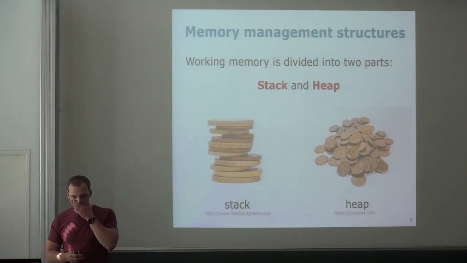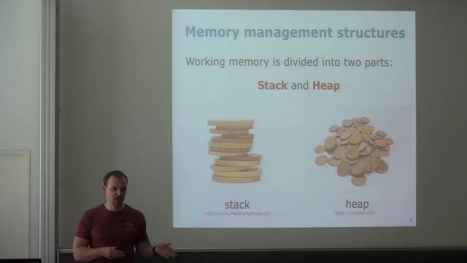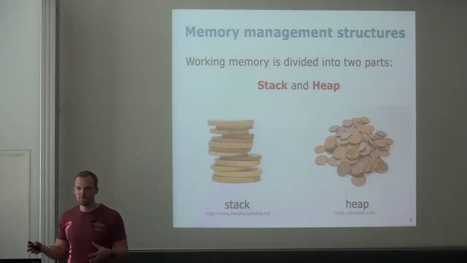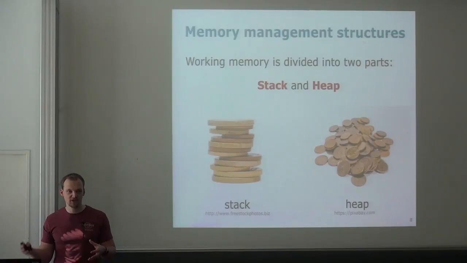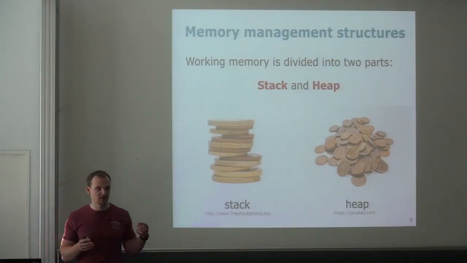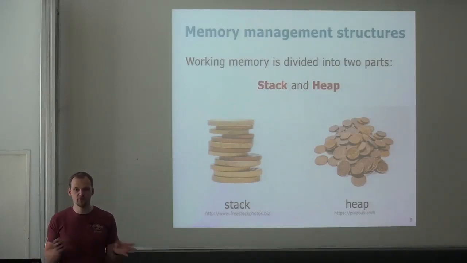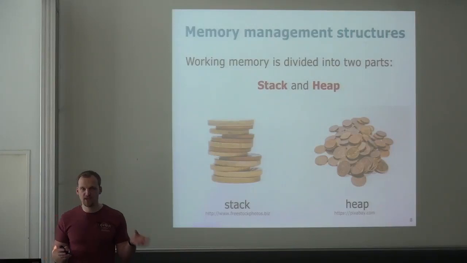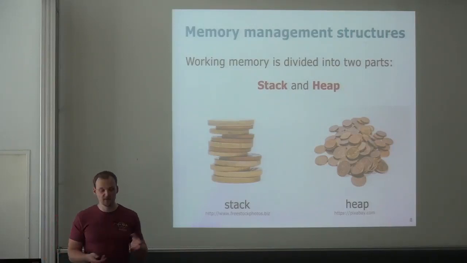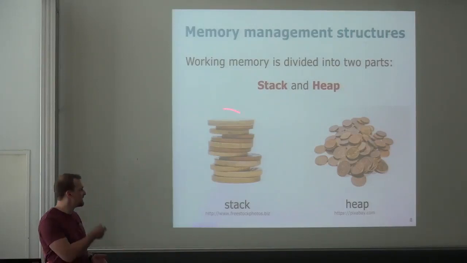We were talking last lecture about the working memory, that we have some memory allocated for our program. And it's not enough to just say that we have some memory. We also have structures to control this memory. This memory is generally divided into two parts. The first part is a stack, and the second part is a heap. A stack, you can think about it just as a stack of coins. In order to get to this coin, I have to lift up all those coins, and then I get to this coin.